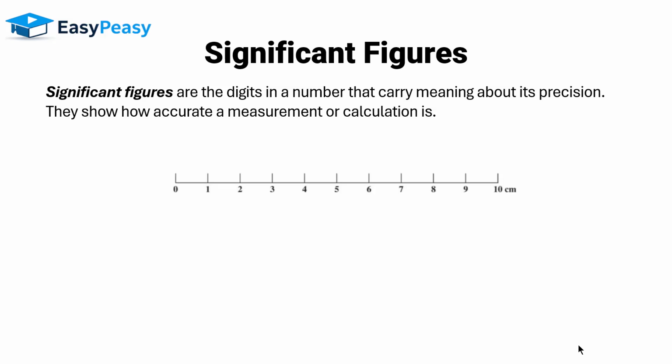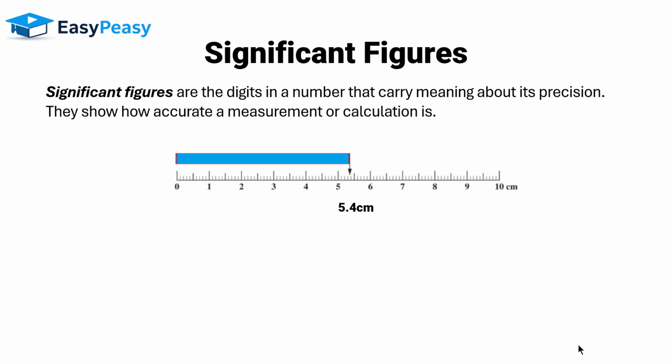Let's take the scale, and we are going to measure this blue bar. According to the scale, this blue bar is approximately 5.4 centimeters. But if I change the scale and take a more precise scale than this, then the value is going to change from 5.4 to 5.36 centimeters.